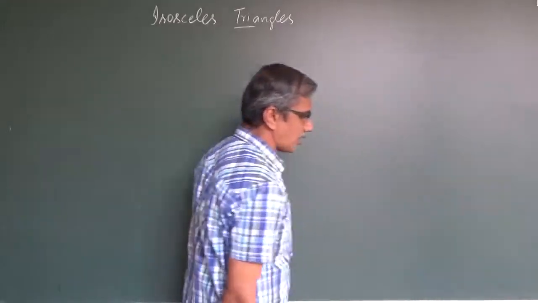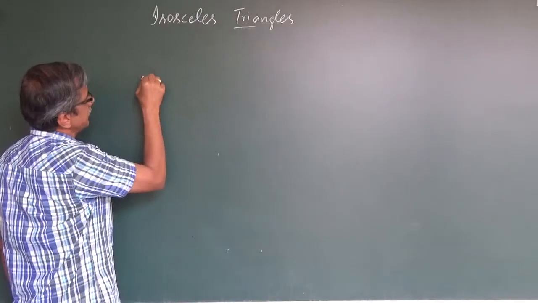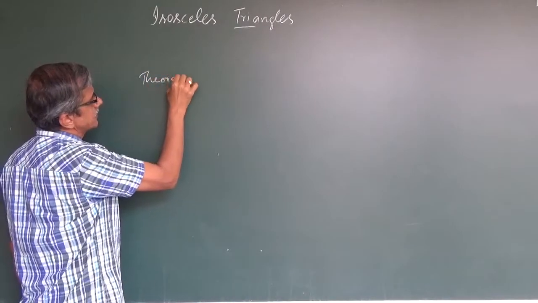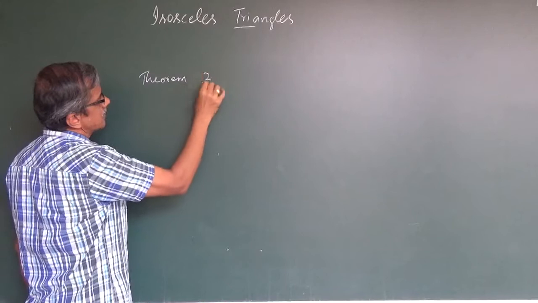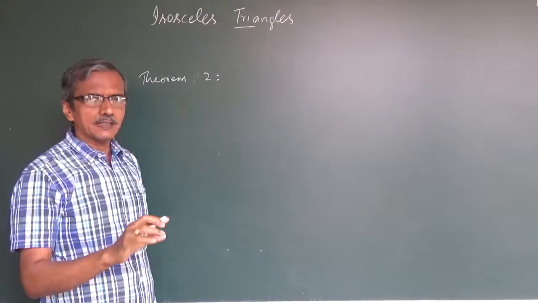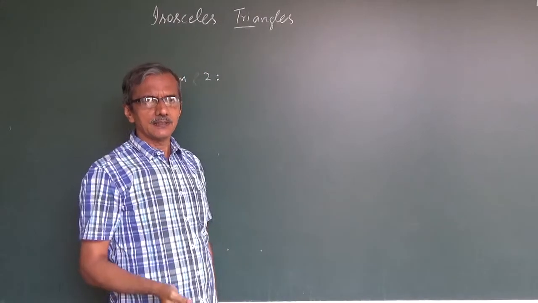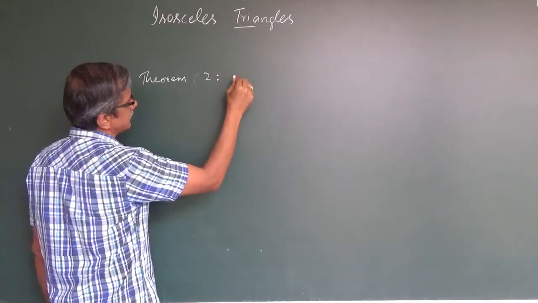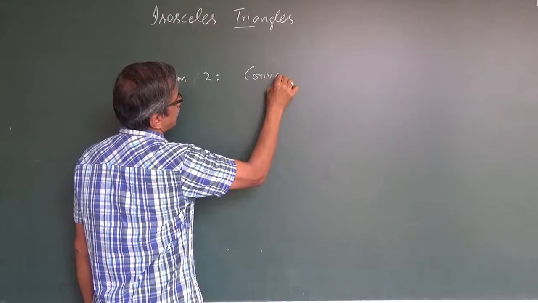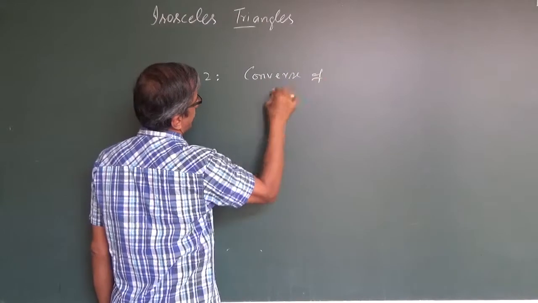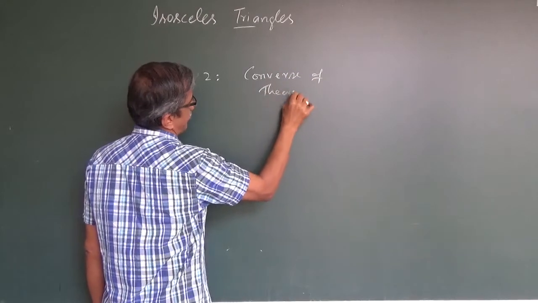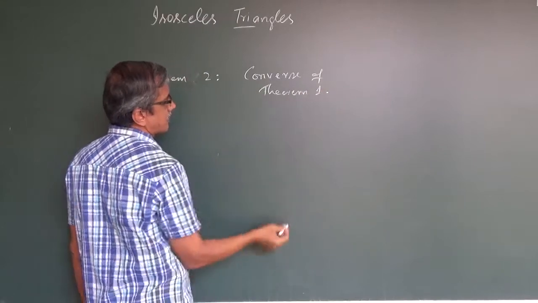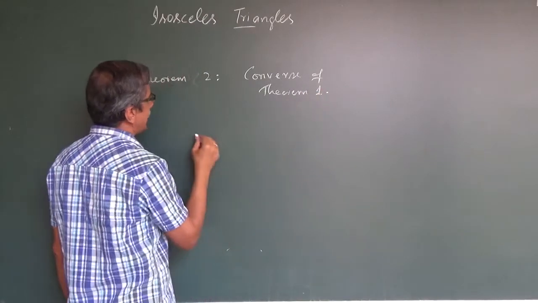The next theorem is the converse of this theorem. What is a converse? Converse means the given and conclusion are interchanged. This is the converse of theorem 1. What does it say?